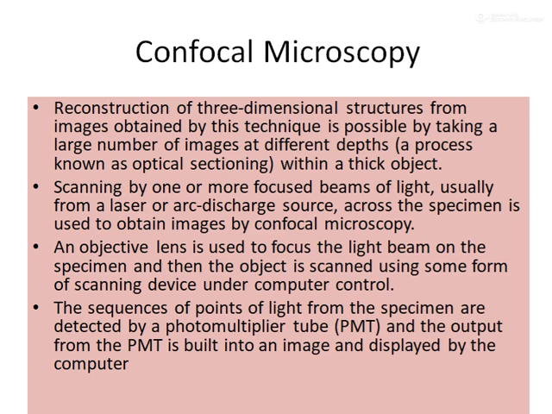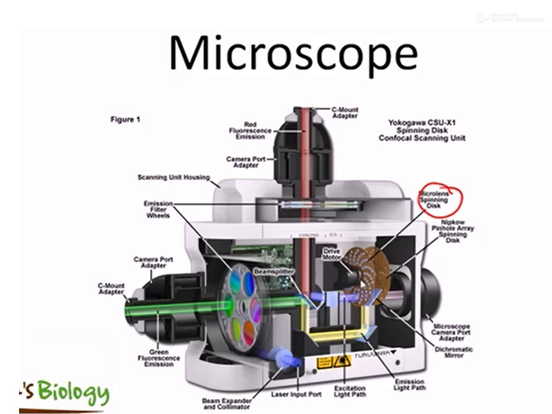The sequence of points of light from the specimen is detected by the photomultiplier tube, and the output from the photomultiplier tube is built into an image and displayed by the computer. And this is the inside of a confocal microscope. I'm not going into the details of it.